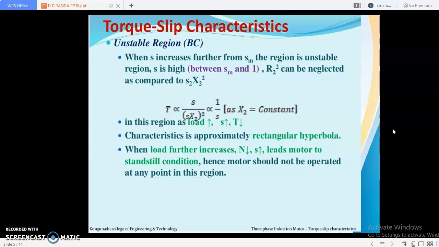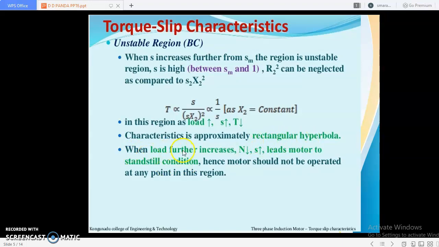In this region, when load increases, slip also increases, but as torque is inversely proportional to slip, the torque decreases. So this characteristic is approximately a rectangular hyperbola.